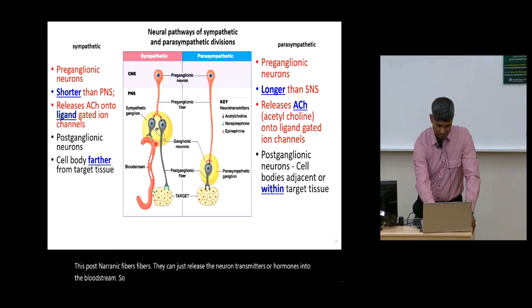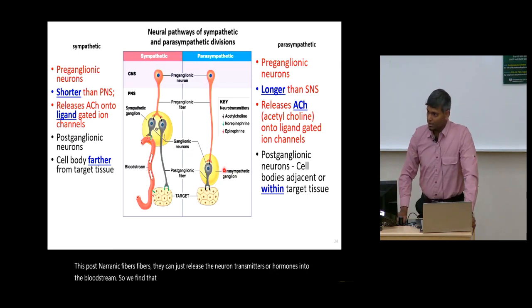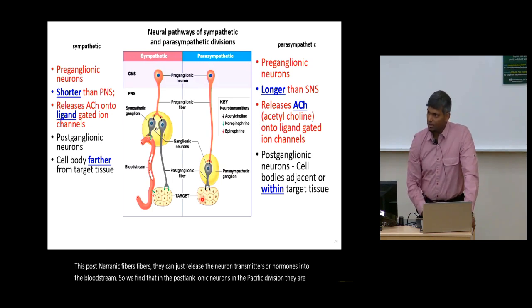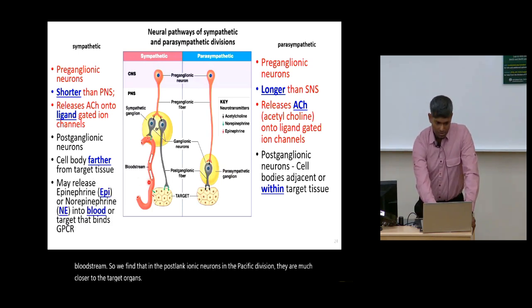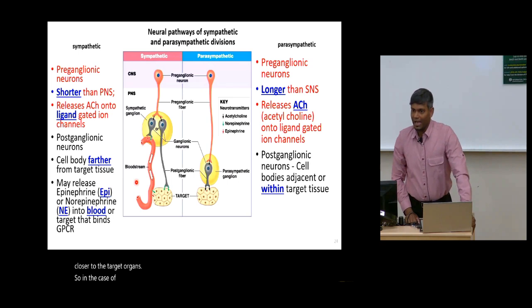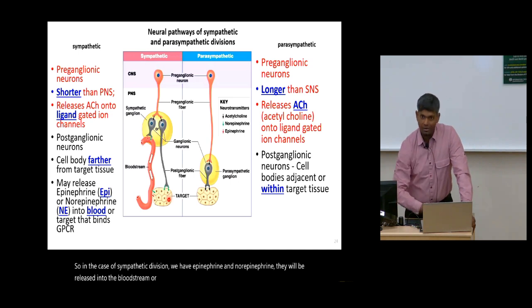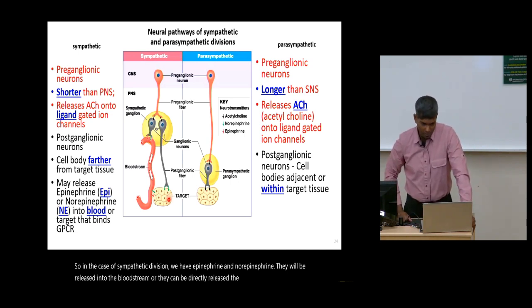So we find that the postganglionic neurons in the parasympathetic division are much closer to the target organs. So in the case of the sympathetic division, we would have epinephrine and norepinephrine. They will be released into the bloodstream, or they can be directly released to the target organs as well.